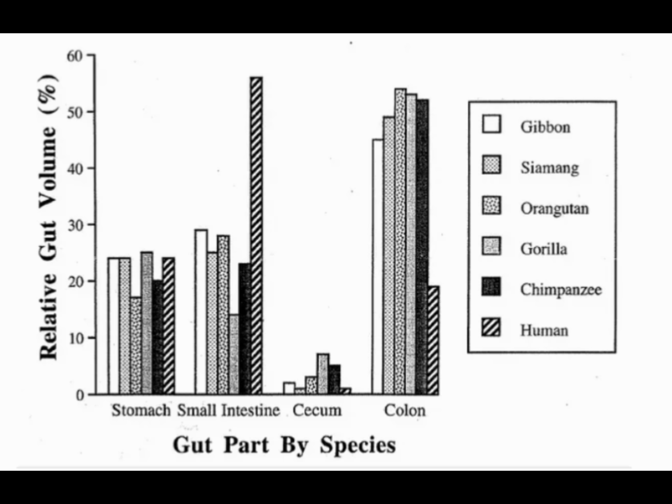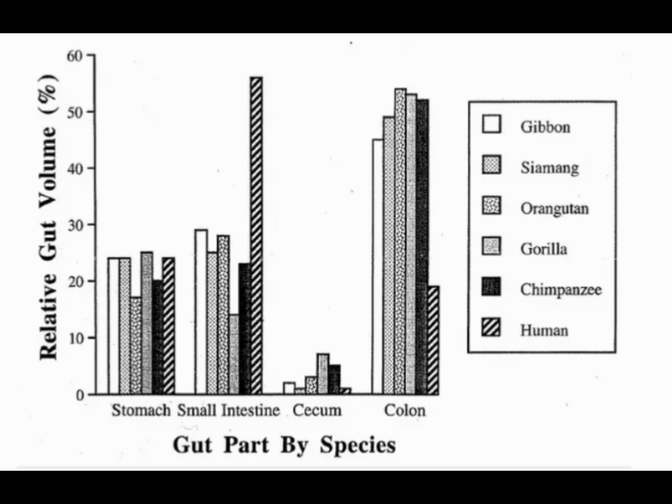Stomachs are somewhat relatively similar between, say, the human and the chimpanzee, but it is vastly different when we look at the gut volume of the small intestine of the human compared to all other species, especially the chimpanzee. This could be to extract a greater quantity of high quality foods.